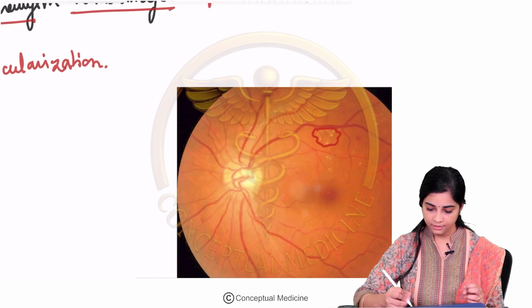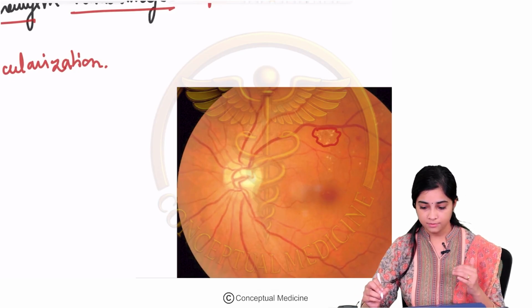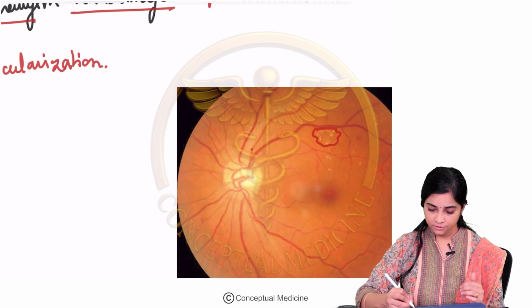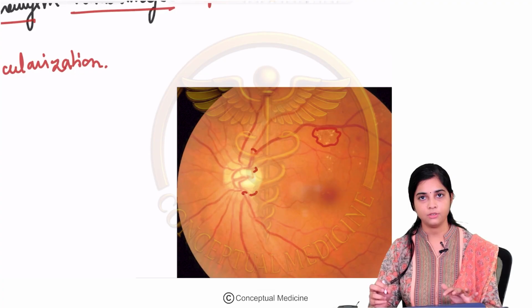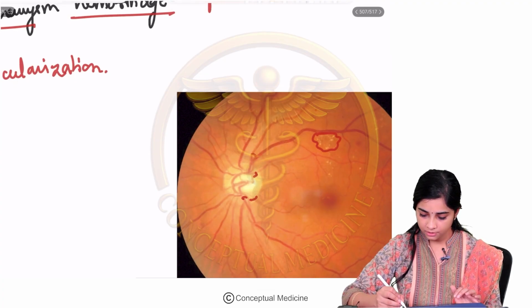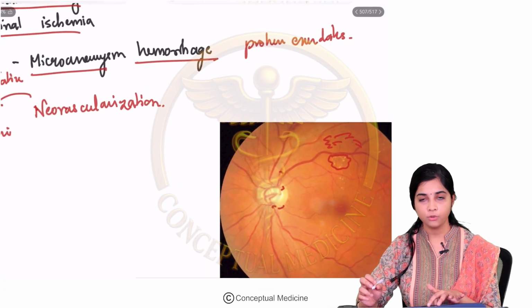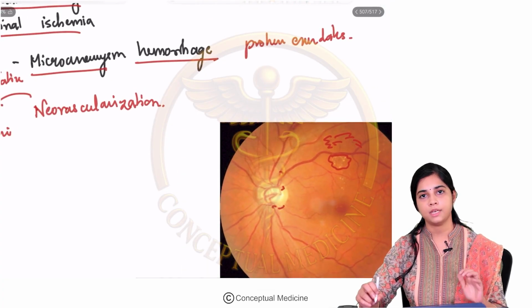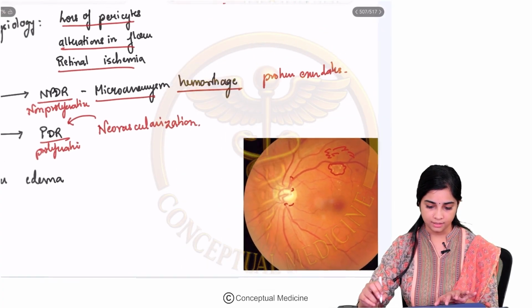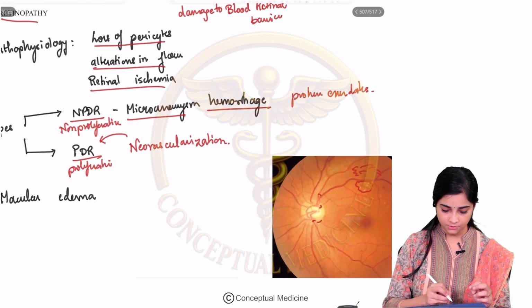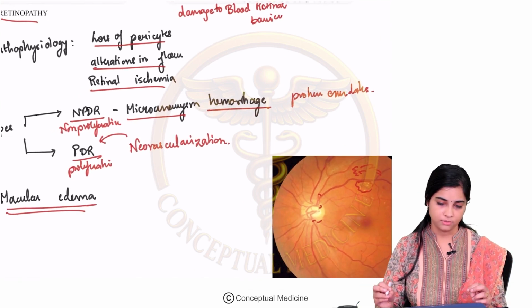As the disease progresses, you can have connections between the vessels, which is your PDR or neovascularization. Here you can see some amount of hemorrhages as well. So there will be protein leak, microaneurysms, hemorrhage, and finally PDR. In later stages, you can have macular edema also.